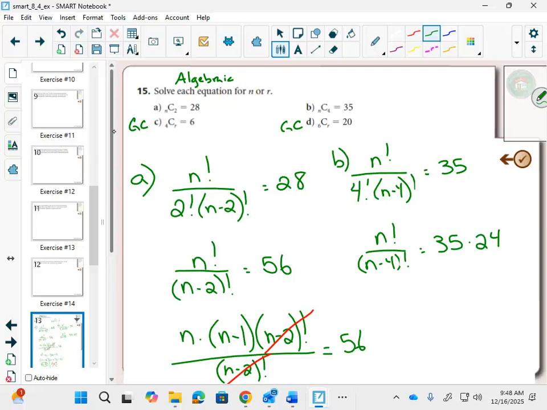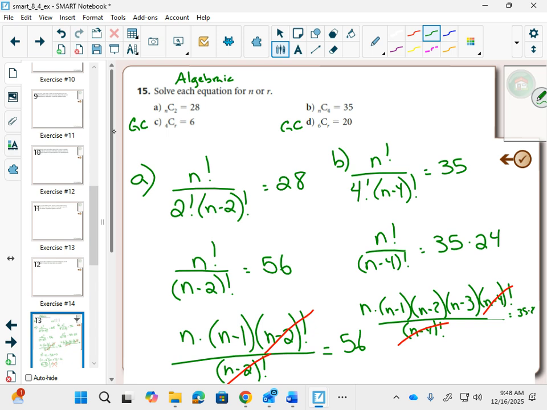Now, if I expand the bigger one, I'm going to get n, n minus 1, n minus 2, n minus 3, and then n minus 4 factorial before I can cancel out the bottom. And this side is still 35 times 24.